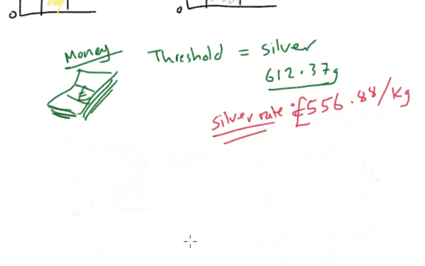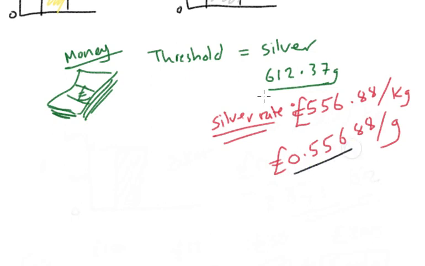And let's just change that into grams. The way we do that is simple. Just move the decimal back, 0.55688 per gram. So now we multiply this number by this number and we get our answer.